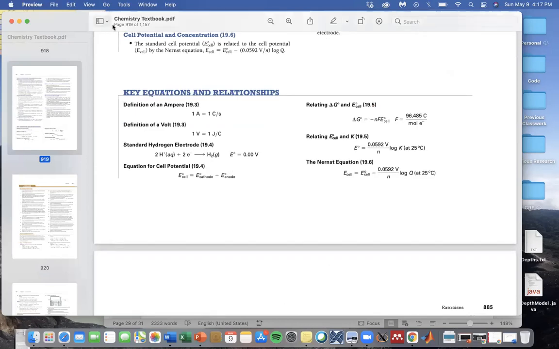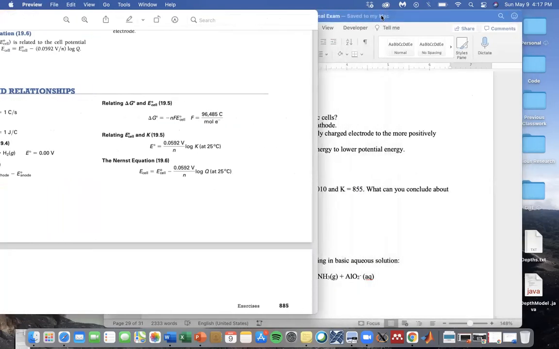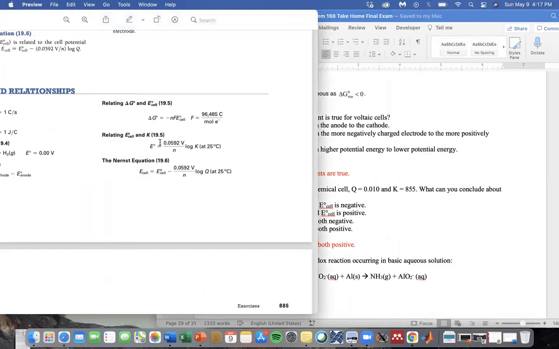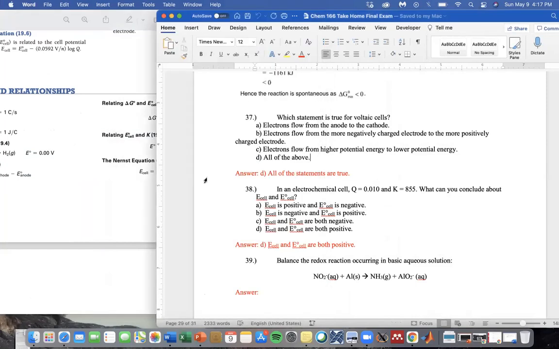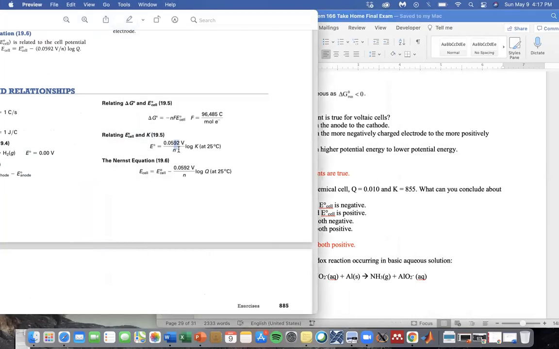Okay, so for this one, for E cell, E standard equals 0.0592 divided by N times log of K. Because N is always going to be positive, it shouldn't matter what our N value is.